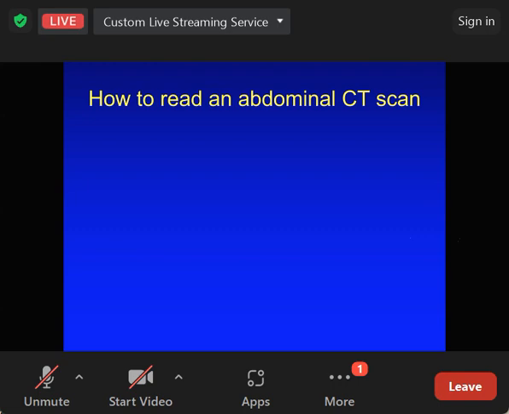At first, CT scanning and MR scanning was thought to be the province only of radiologists, but it's so common now that it's really very important that all doctors working in acute situations should be able to at least read scans a bit. So this is a quick aide-memoire of how to go about it.